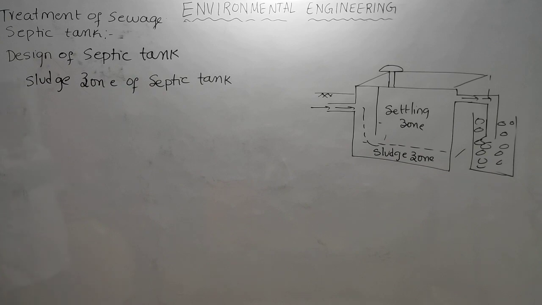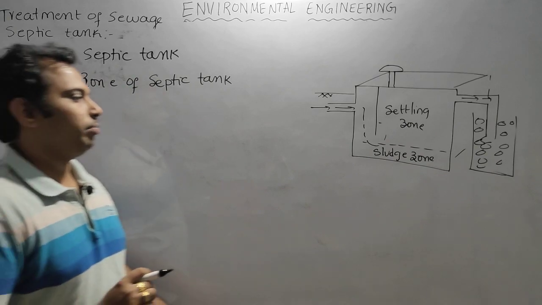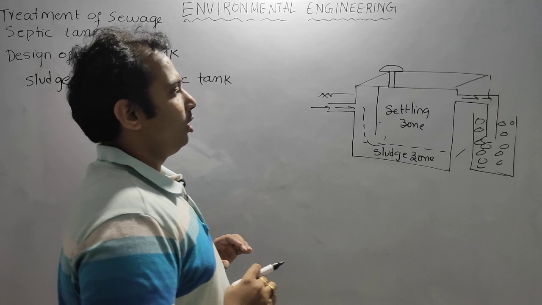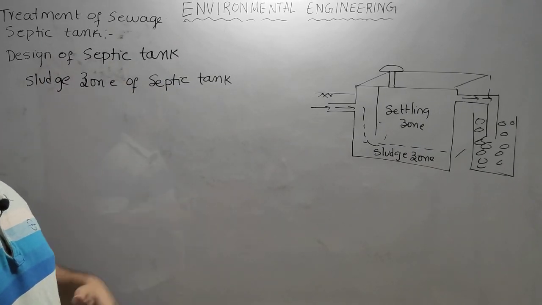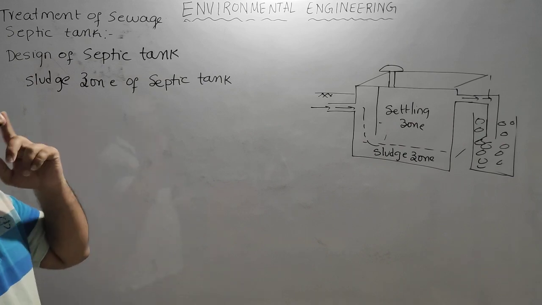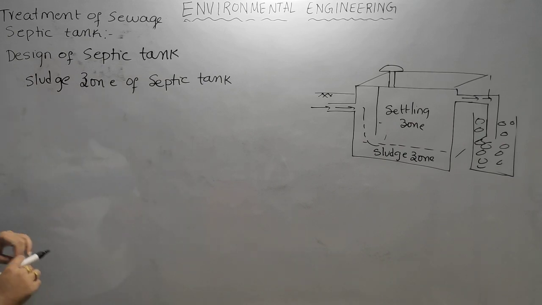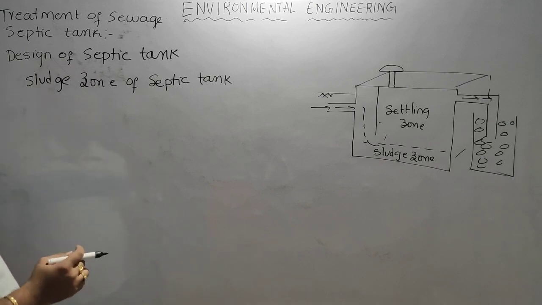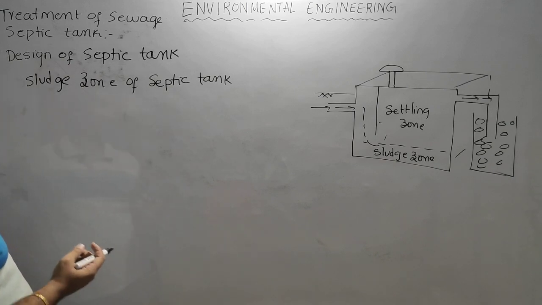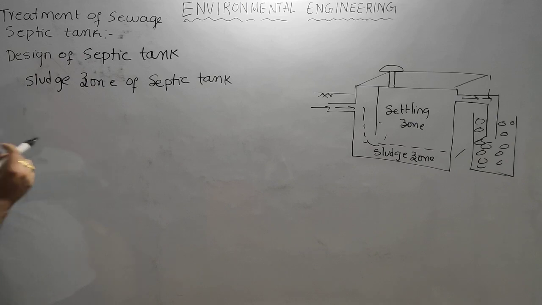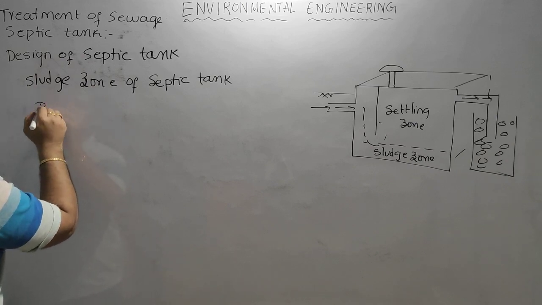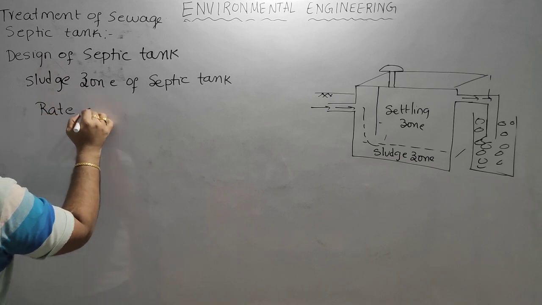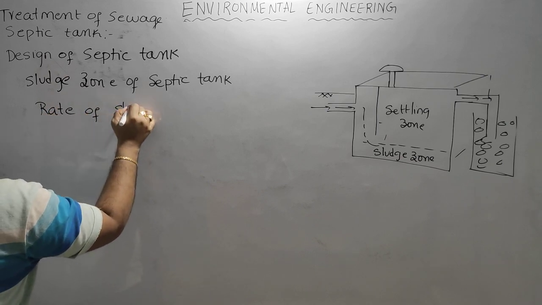Here, what is the sludge accumulation? The volume of the sludge zone depends on how much sludge is coming per day, so it depends upon the rate of sludge accumulation. Rate of sludge accumulation means how much human excreta will go into the septic tank.